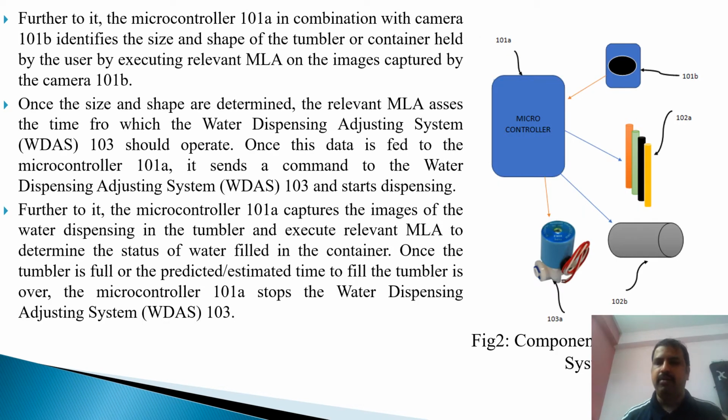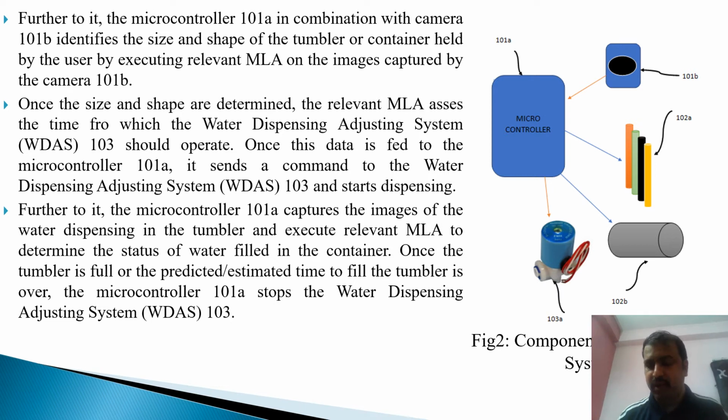The microcontroller 101A will coordinate the components: 101B, that is a camera; 102A, the different types of cartridges for purifying the water; and 102B, a high pressure water motor that circulates the water through the candles or the purifying system.